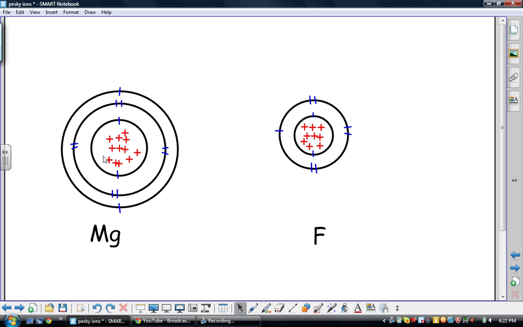As you well know, the first level can only have 2 electrons, and the other energy levels after that can hold up to 8. You fill one level at a time before you go to the next one. Fluorine has 9 protons and 9 electrons, so it only needs 2 energy levels. Same number of positives and negatives.